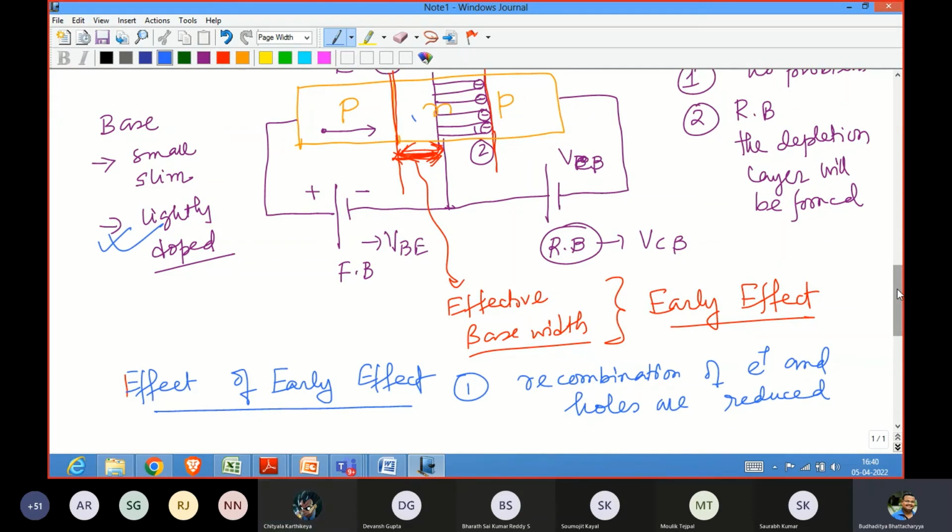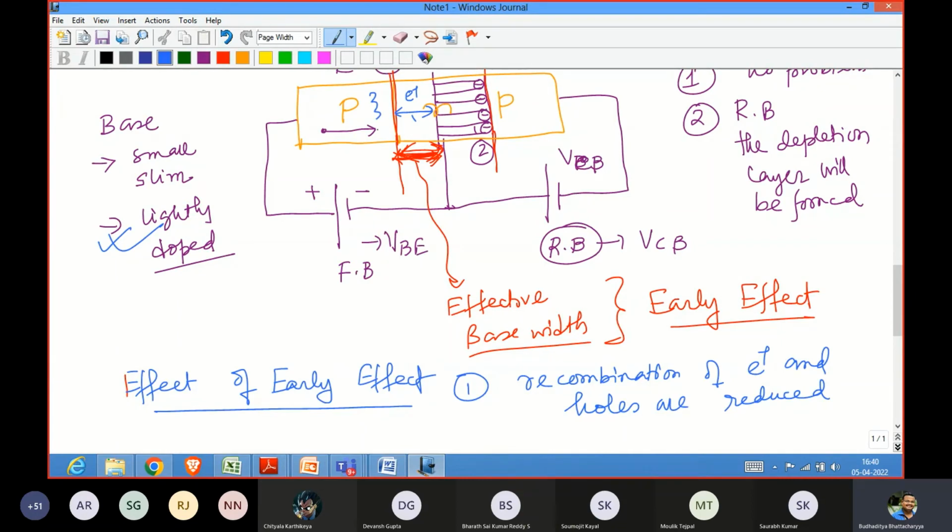The question is, due to early effect, we are observing that the depletion layer is increasing, and it is sweeping the base width to a certain extent. My remark is that due to this early effect, the recombination of the holes over here in the P region and the electrons in this N region reduces because the base width is small.